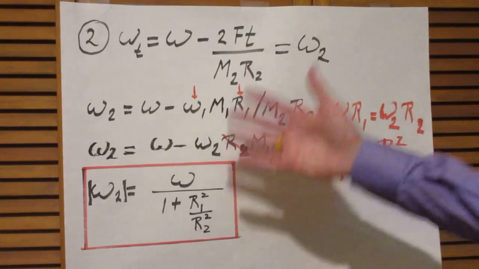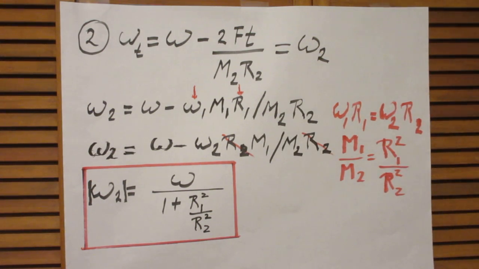And so out pops our first result. Omega 2, and I put the absolute signs here to remind you that we do know that it is in the opposite direction of omega 1, and we also remember that it is in the counterclockwise direction.